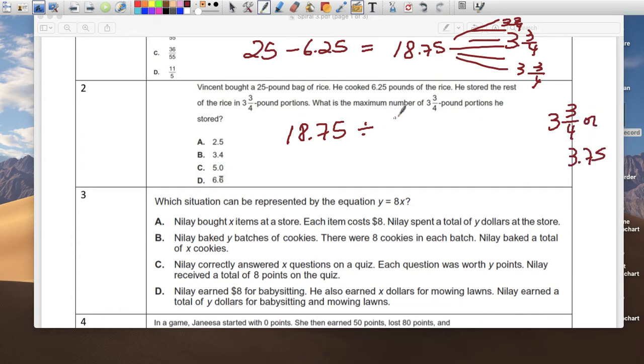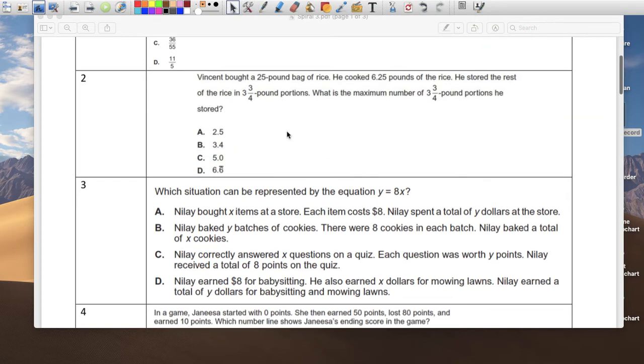Honestly, it really doesn't matter. If you have a calculator that allows fractions, you can use it. I don't, so I'm going to use 18.75, divide that by 3.75, and I get 5. So I can make 5 portions of 3 3/4 pounds each.